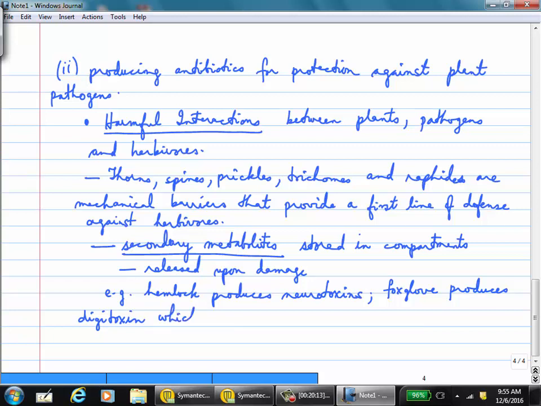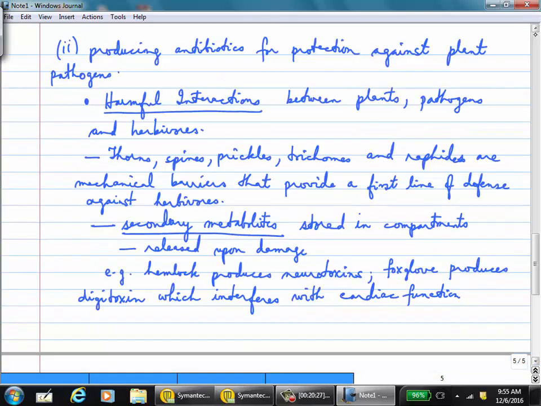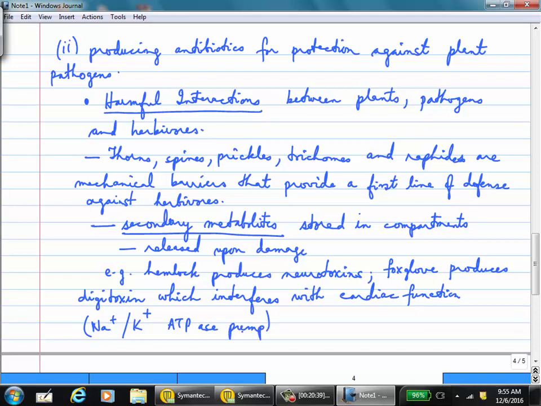Which interferes with cardiac function, because it is going to mess up the sodium potassium pump, the sodium potassium ATPase pump, because this pump is responsible for maintaining the concentration of sodium and potassium in cells. They have to be kept at certain levels, so continuously there's work going on, right?